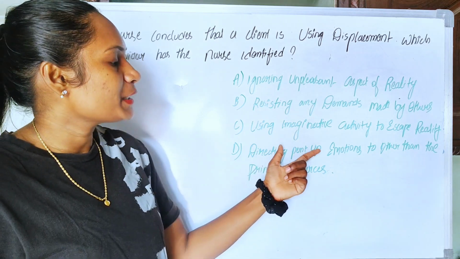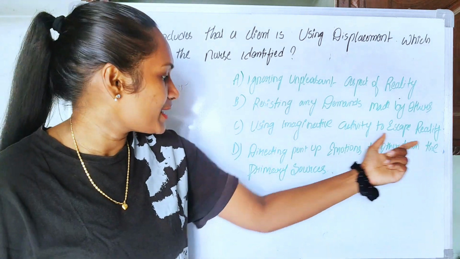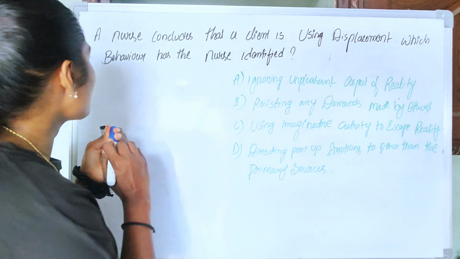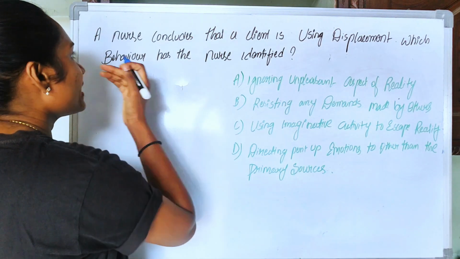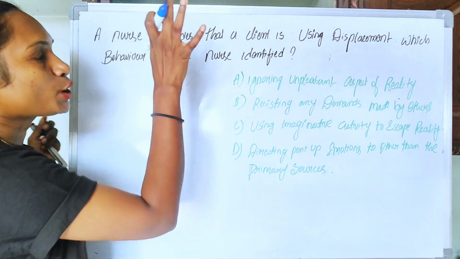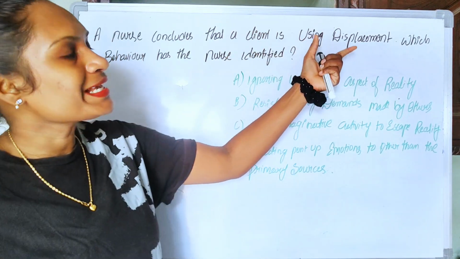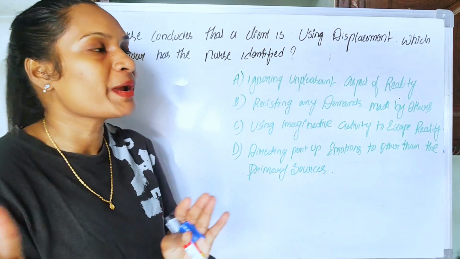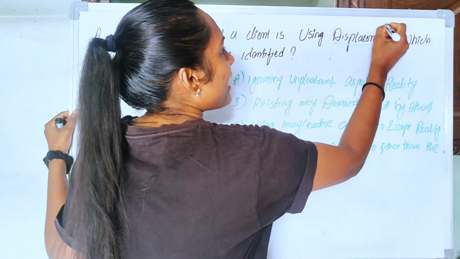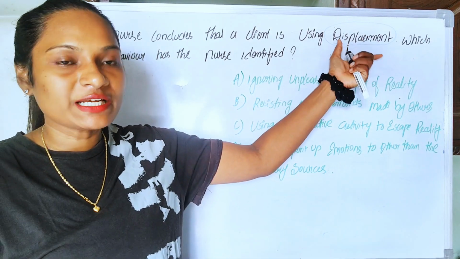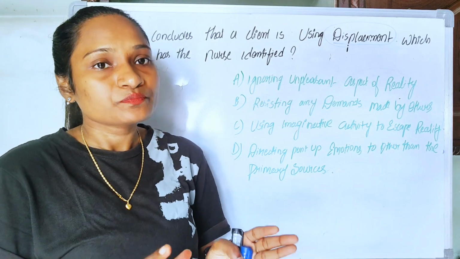Option D, directing pent-up emotions to other than the primary sources. So here first we'll see the question. What is the examiner actually asking? Nurse concludes. When will the nurse conclude that a person is using the displacement mechanism? This is a psychiatric condition, that is, displacement is a mechanism.